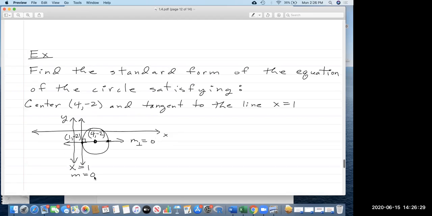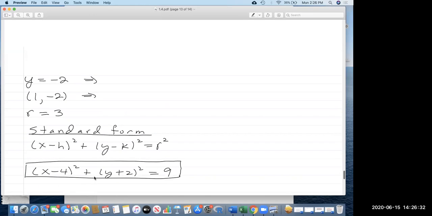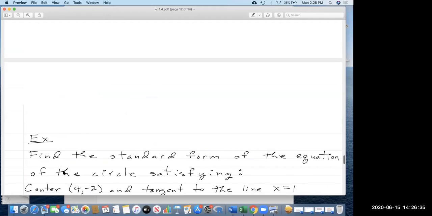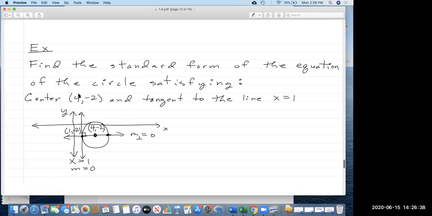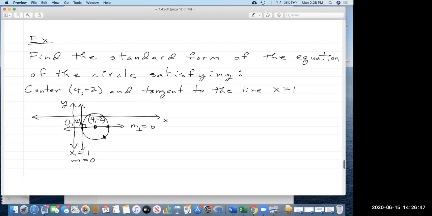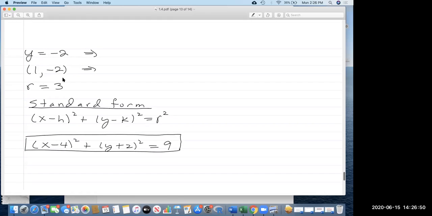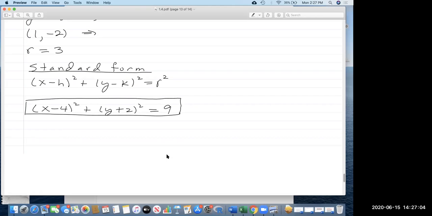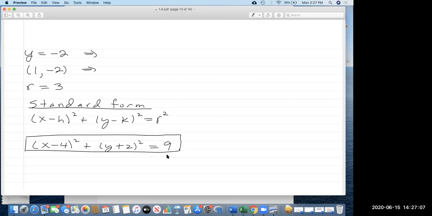Therefore, the equation of my circle is x minus 4 quantity squared plus y plus 2 quantity squared equals the radius, but the radius we saw was 3. So 3 squared is 9. Therefore, that is the equation of my circle satisfying the given conditions.